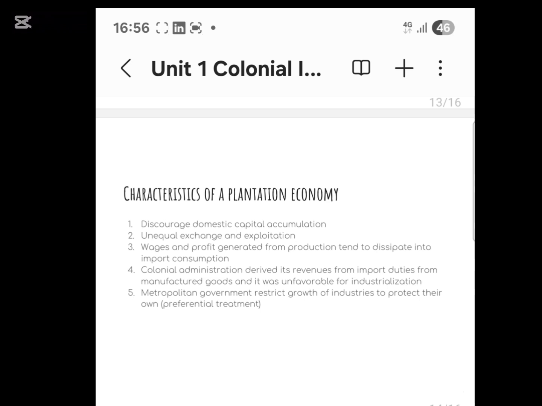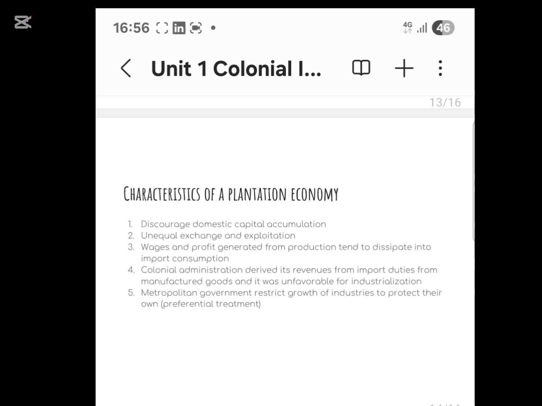But to conclude, characteristics of a plantation economy. There are 5 characteristics. If you read through the chapters, you will come across these 5 characteristics. In a plantation economy, you will see that it discourages capital accumulation. In the reading, capital accumulation means that any money that is generated internally goes overseas.